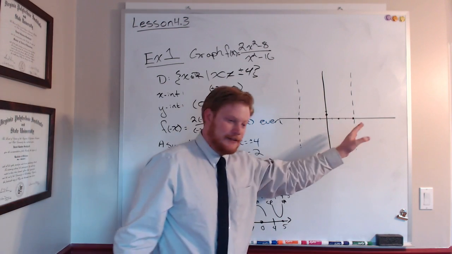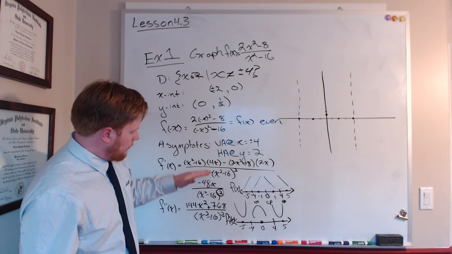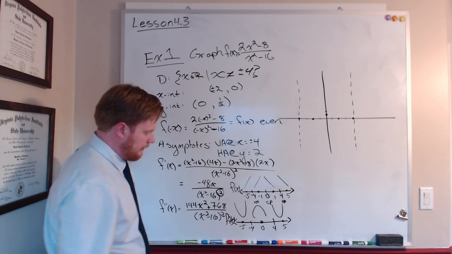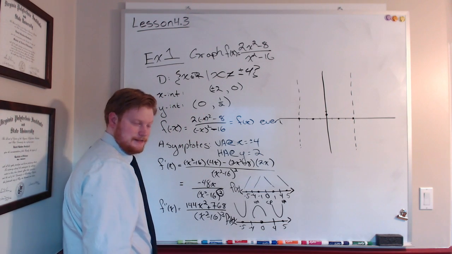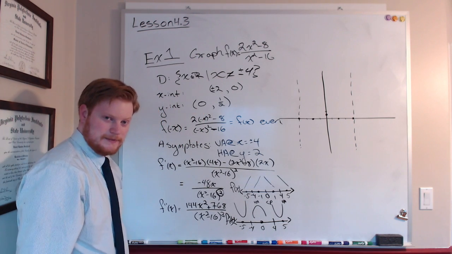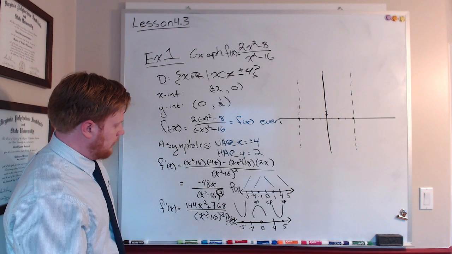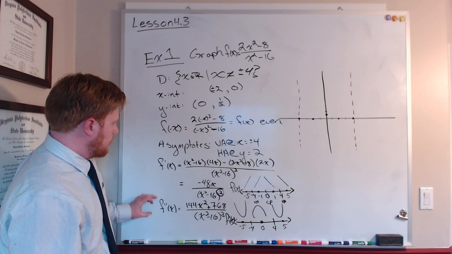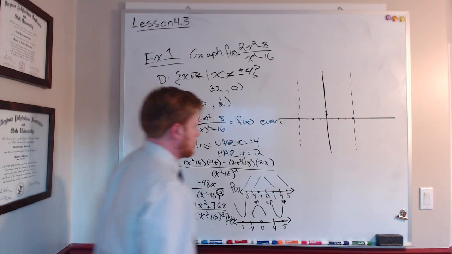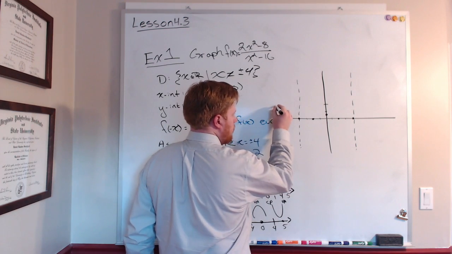In fact, since I know that the function's even, when I did my first and second derivative tests, I really only needed to do that side, because the other side's got to be the same. But I did the whole thing anyway. Alright, so first derivative, and I have a horizontal asymptote at 2. So that's 1, that's 2.